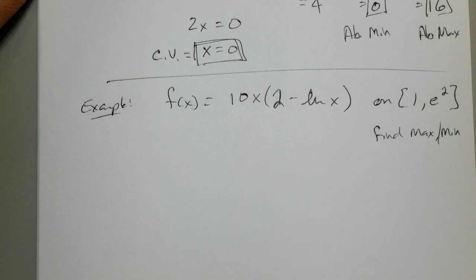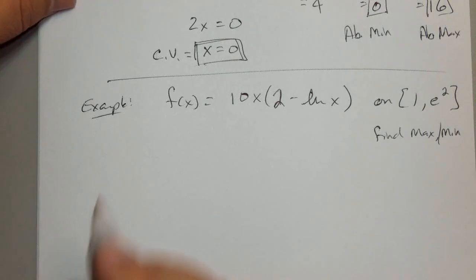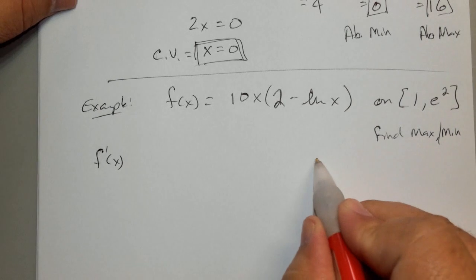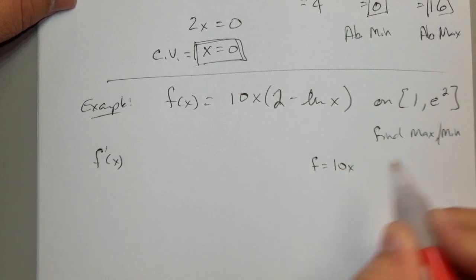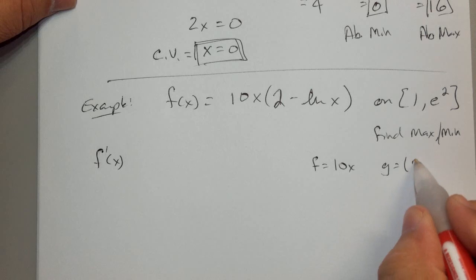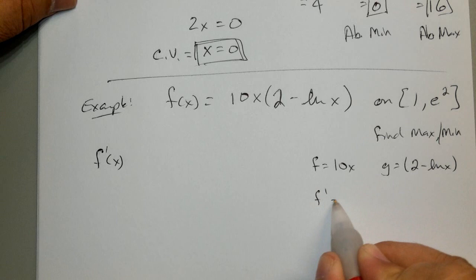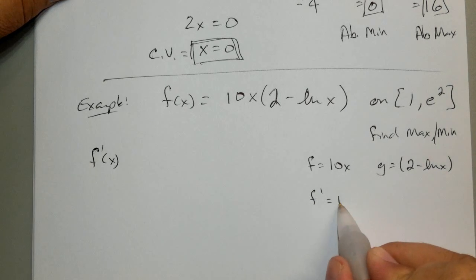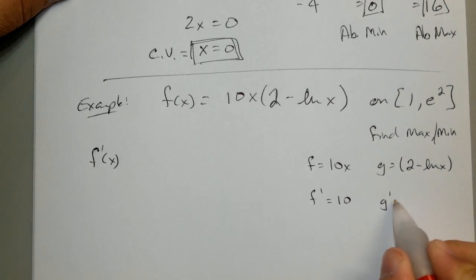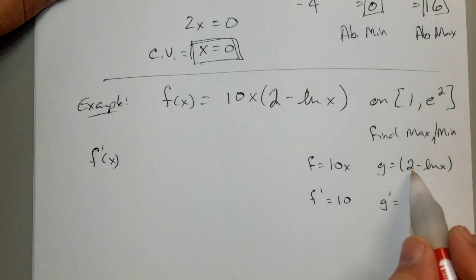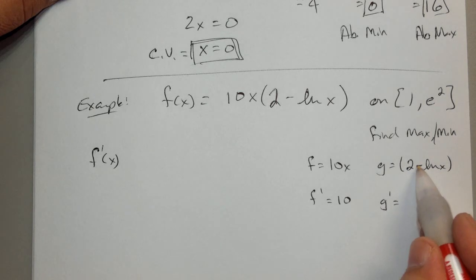The derivative will be the hardest part. f is 10x, g is 2 minus ln x. The derivative of 10x is 10. The derivative of 2 minus ln x is negative 1 over x.